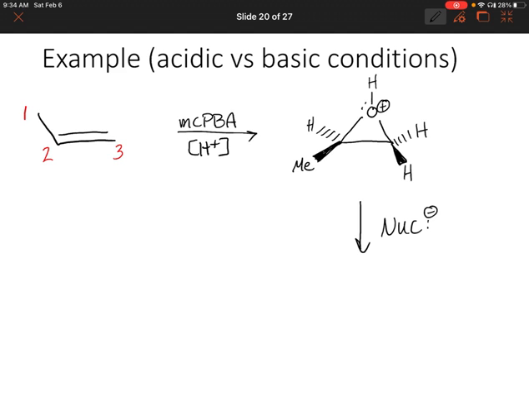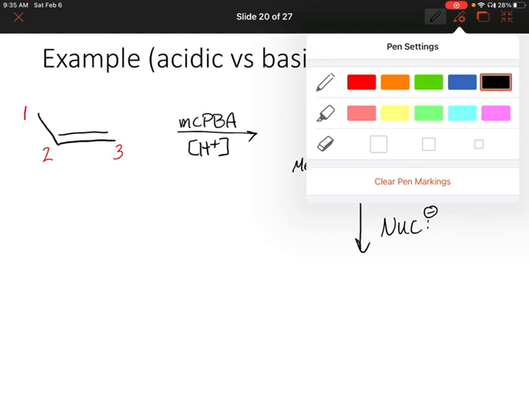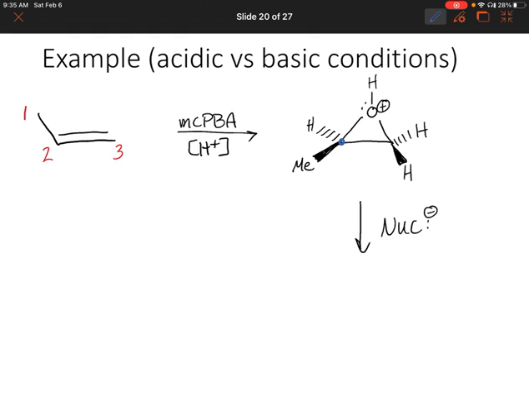Okay, so which side would the nucleophile attack? Let's see, so we have our blue carbon and our red carbon. And how would we characterize the blue carbon? Is it primary, secondary, or tertiary? Secondary. It's attached to two other carbons.